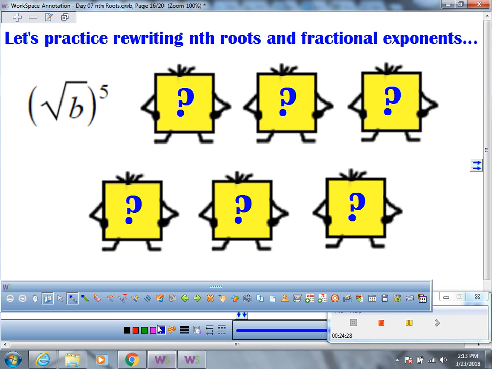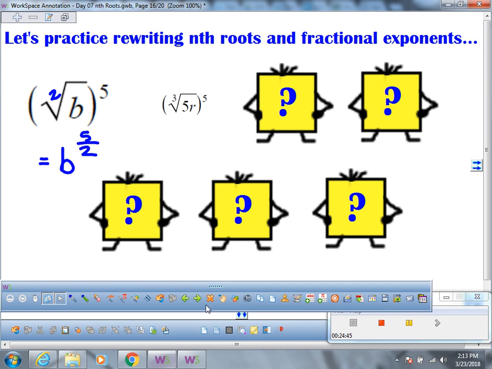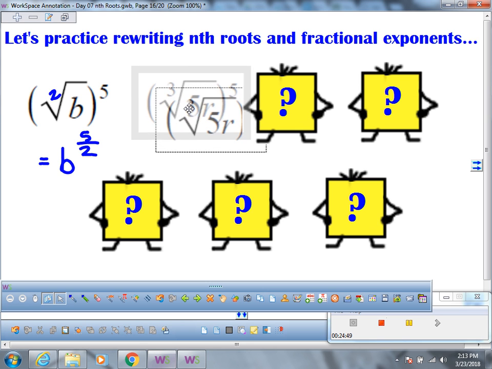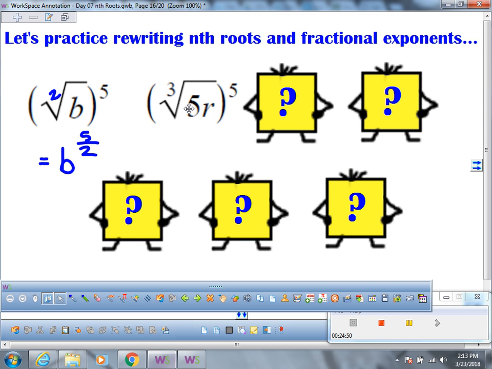This is B. Whenever there's no number there, it's automatically 2. So this is B, 5 of them out of 2. What about this one? 5/3. Sorry.